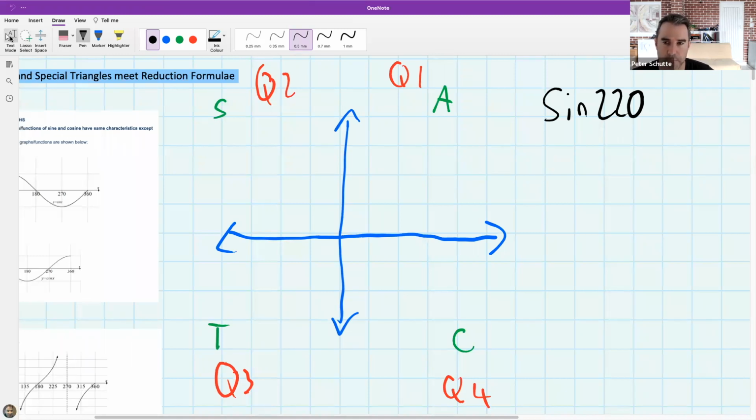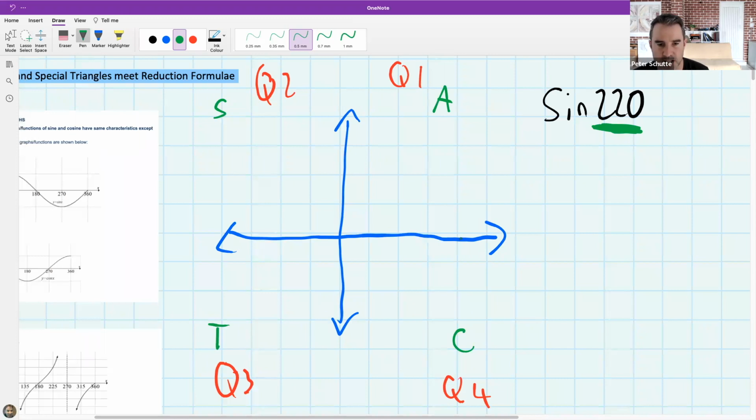So let me just talk about how we might interpret sine of 220. Now, one of the things that we need to get used to is, when we started trigonometry in grade 10, we only had trigonometry in triangles, essentially, and it's still only in triangles. But this is quite a confusing idea that you can have 220 as an angle.